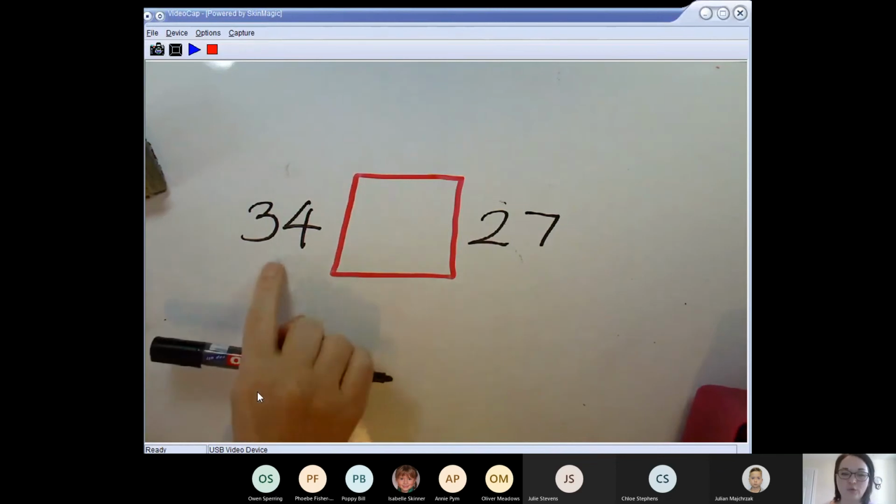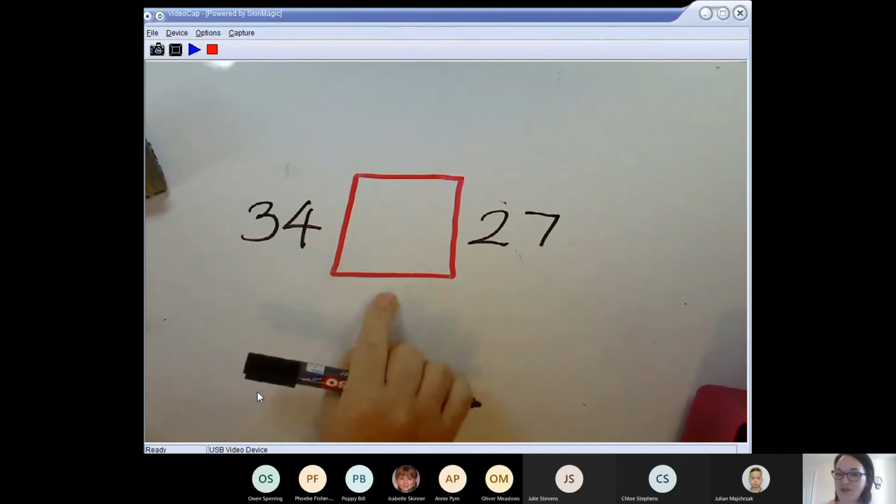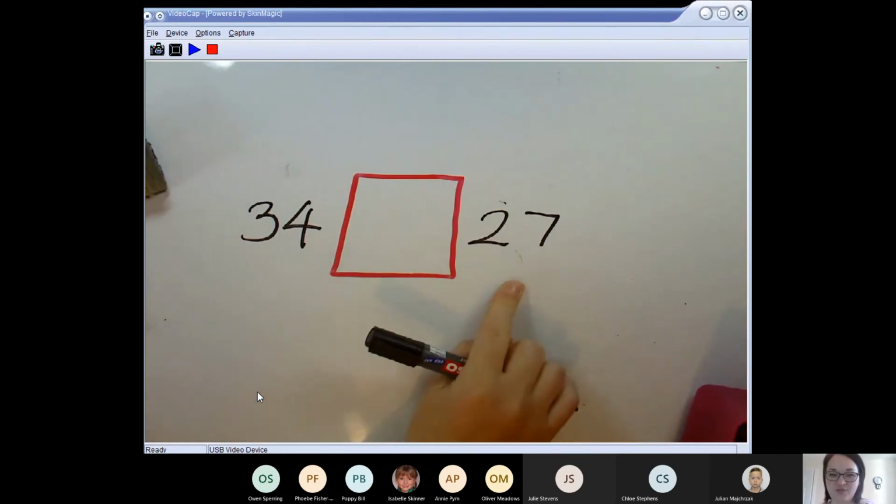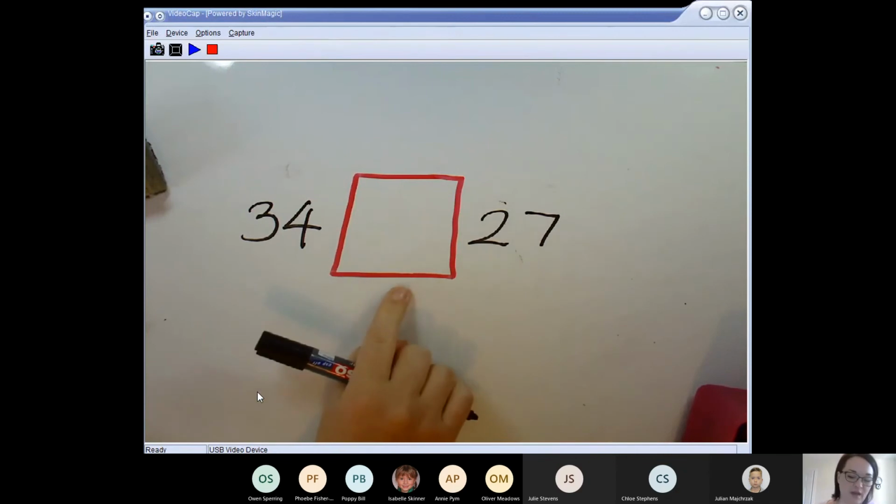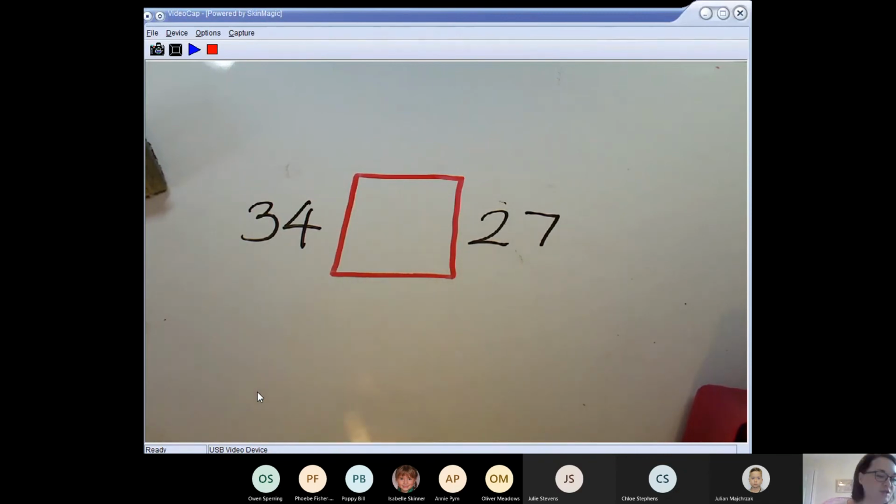So I've got the number 34 is something than 27. Have a think about what goes in that box. If you want to type it in the chat box, then you can. You'll need to use your shift key, and then the greater than, less than signs on your keyboard are just next to the shift key. So you can either tell somebody at home or you can type it in the chat box. I'll give you a minute to think about it. 34 is what to 27?